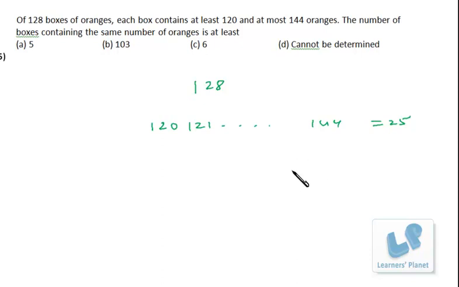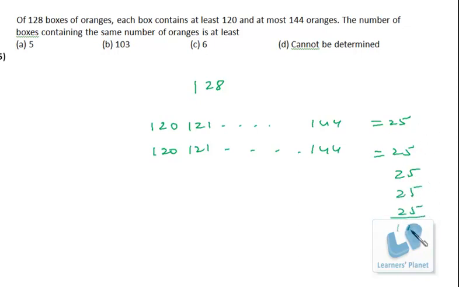Now what will happen to the next collection of boxes? So that will start again from 120. So the next 25 boxes are filled up once again, then once again, and then once again.